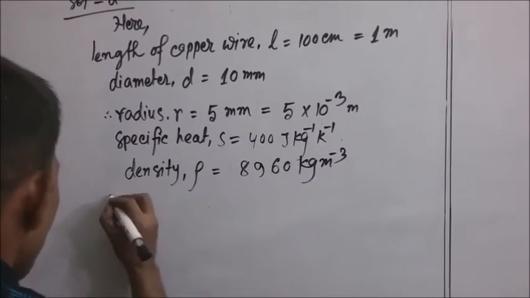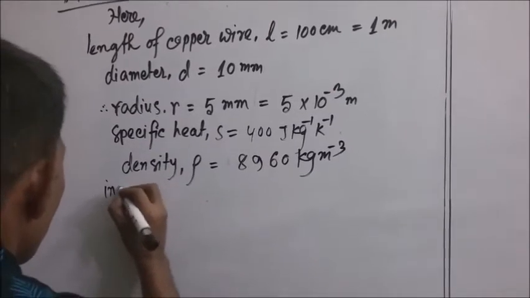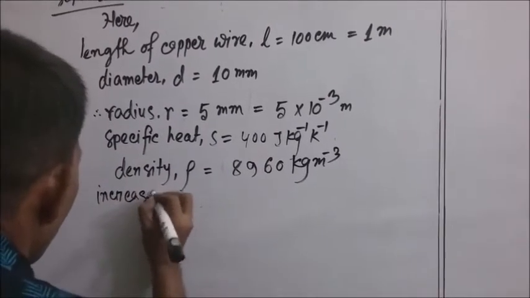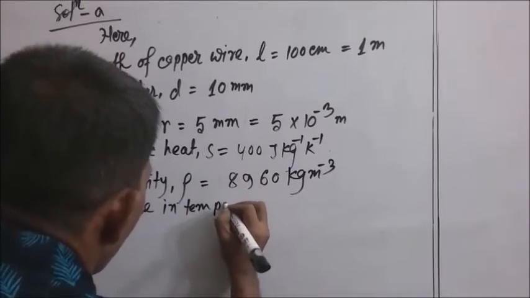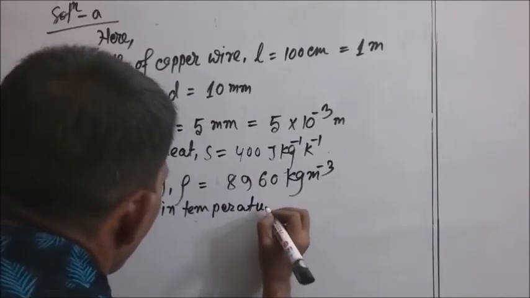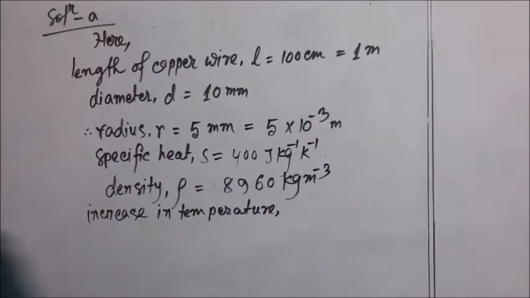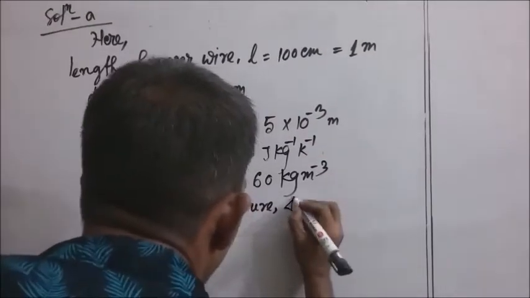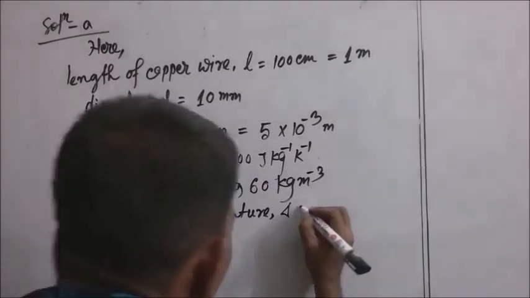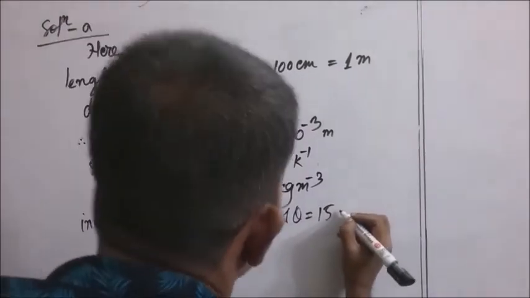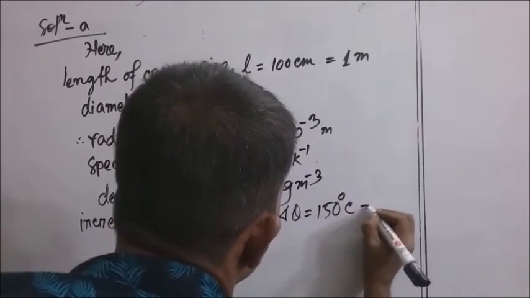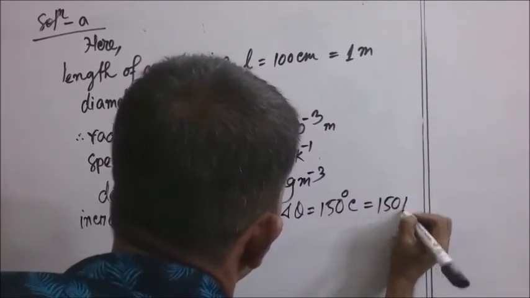Increase in temperature del theta equal to 150 degree Celsius equal to 150 Kelvin.